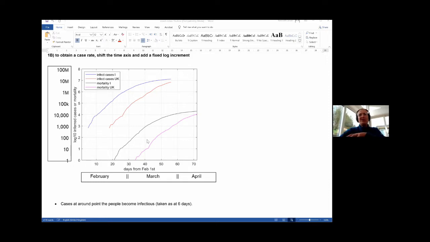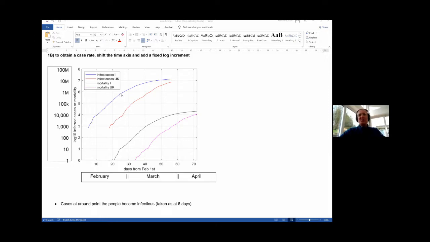So as I mentioned earlier, for each of those curves, which are just the numbers out of the data sets without any processing by me at all, I took for both countries 500 to 660, I tried a few values, times the death rate, and plotted it earlier in time by basically 3 weeks minus the 6 days.